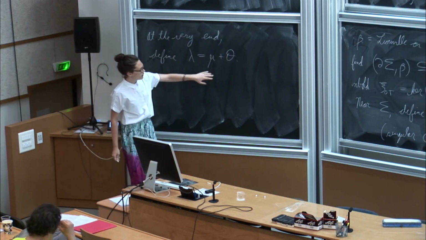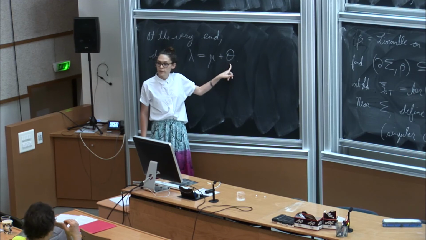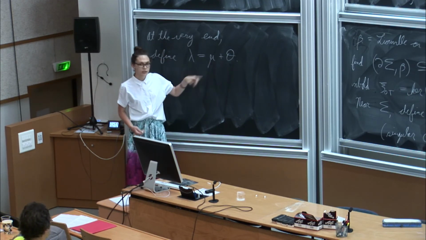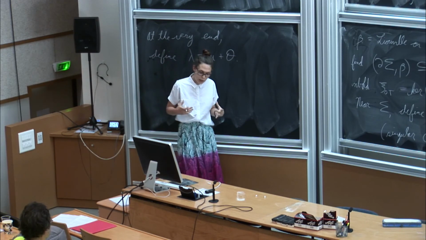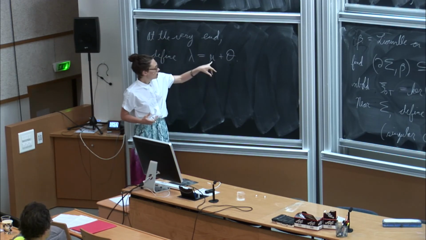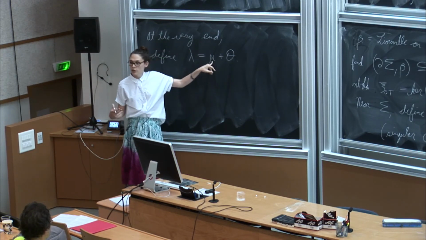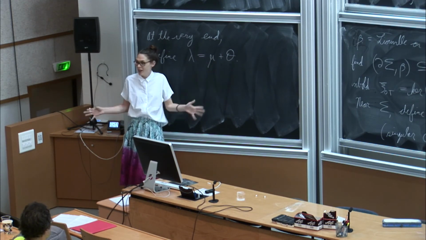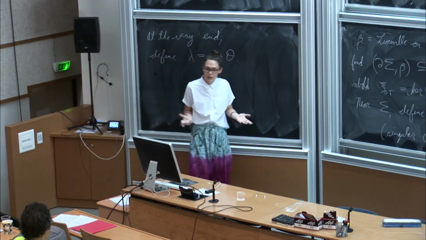And the key observation here is that theta is closed. So if I started with something which is an exact symplectic structure, and I add something closed, well, that certainly doesn't change if it's symplectic.